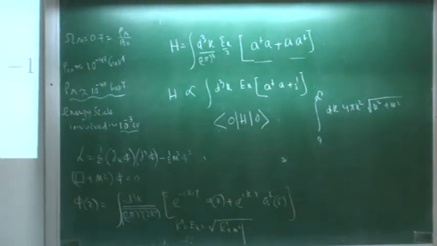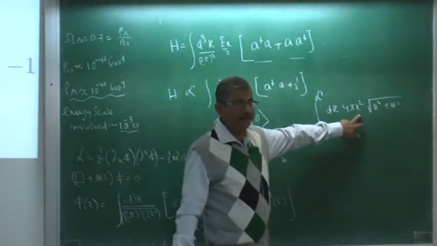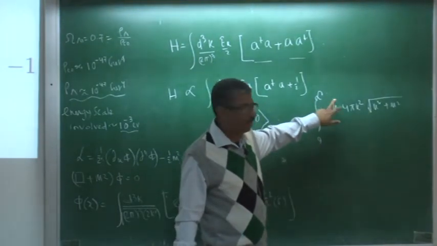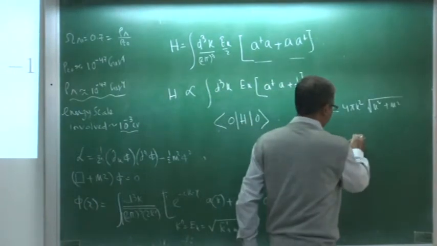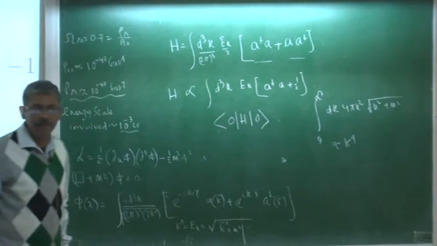Right? So if I integrate over all k, obviously this integration will be dominated by the larger k values. So there will be an ultraviolet divergence that goes as k to the power 4. Right? So this will diverge as k to the power 4.